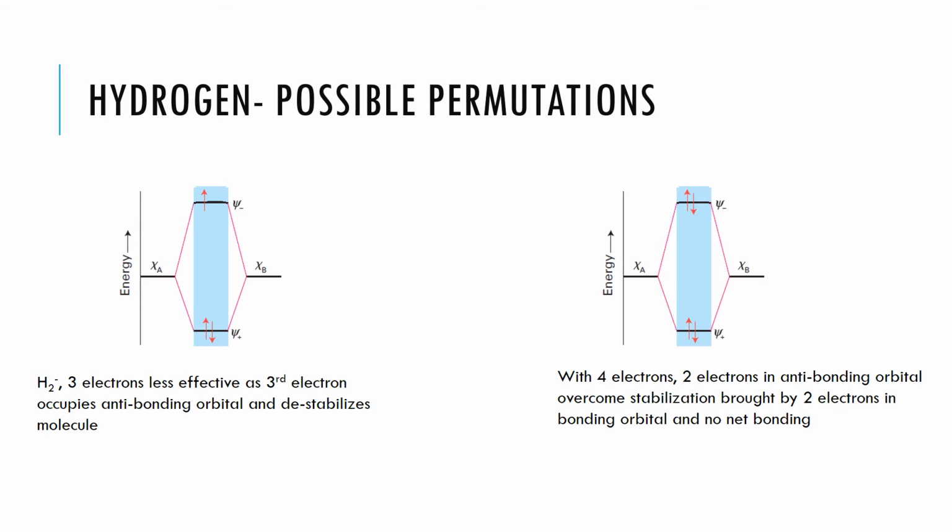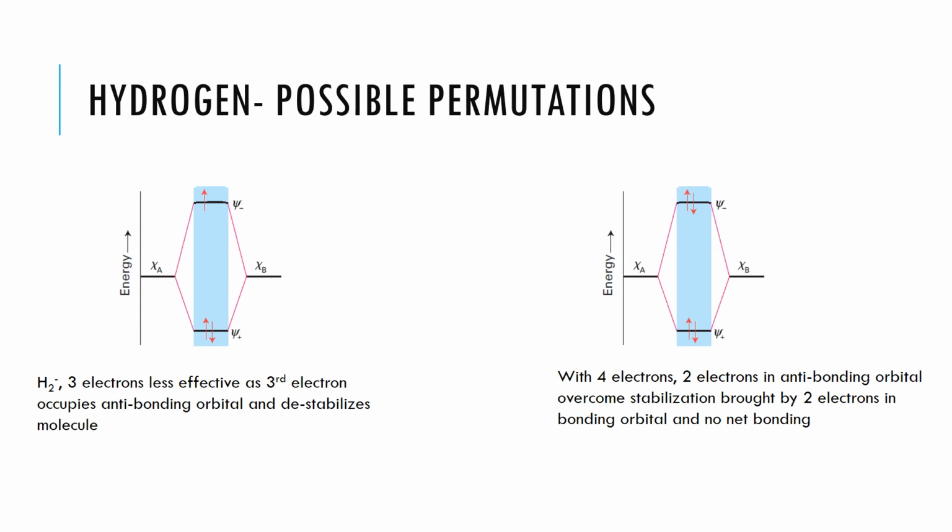We could also have H2-, the diagram on the left there. And the third electron there occupies an antibonding orbital, so it goes into that higher energy level antibonding orbital, and ultimately weakens the bond and destabilizes the molecule.